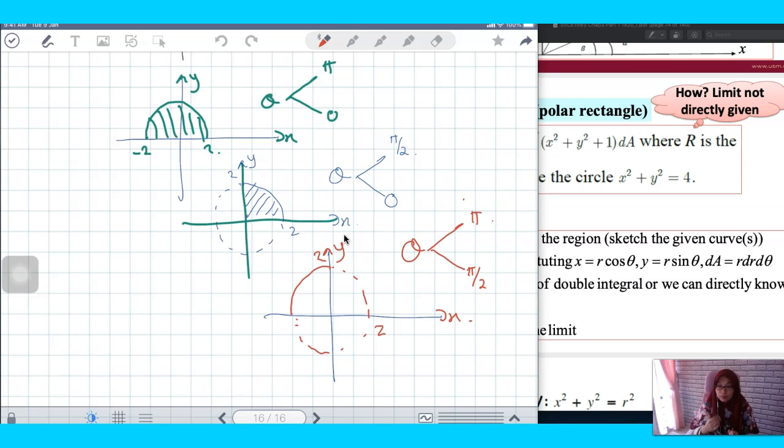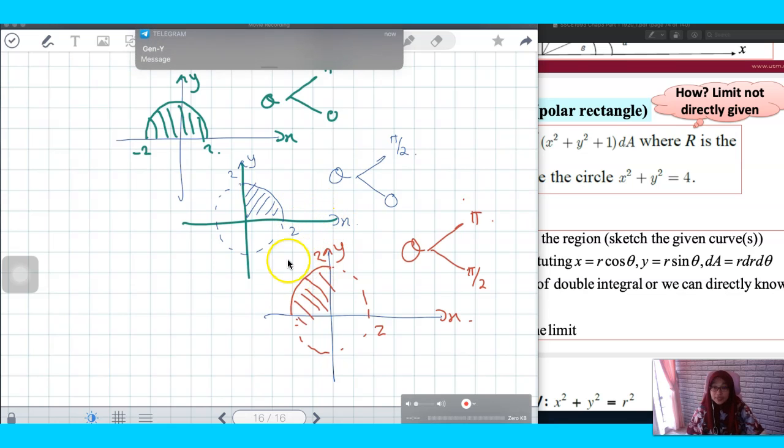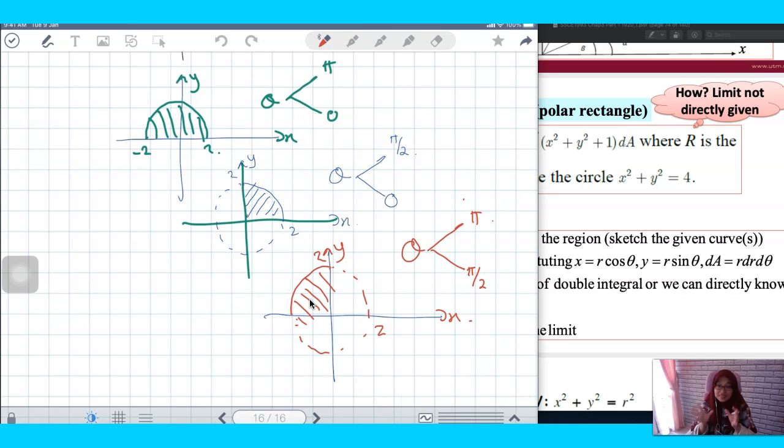As we know, polar coordinates are very sensitive to the quadrant. Even though the region of this and the region of this have a similar shape, they are located in different quadrants. So this one, the first quadrant, your limit should be 0 to pi over 2. Now look at the red region over here.